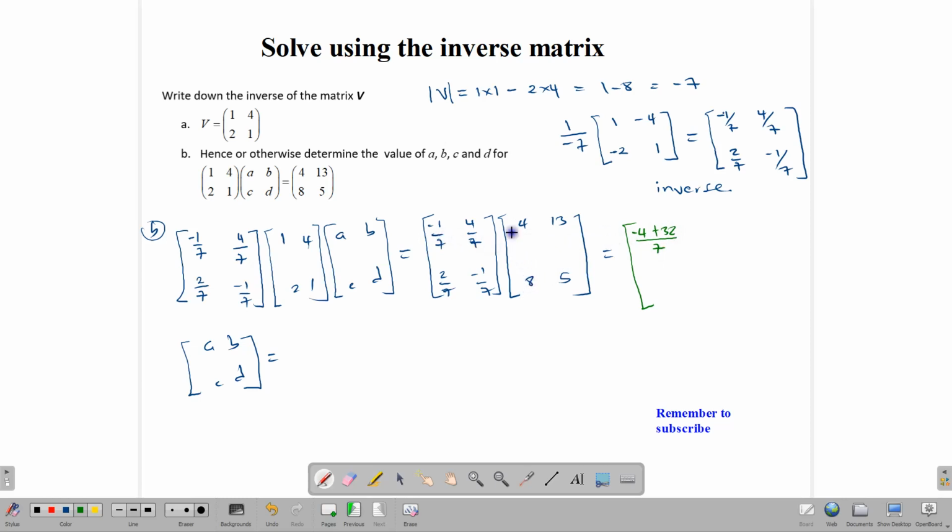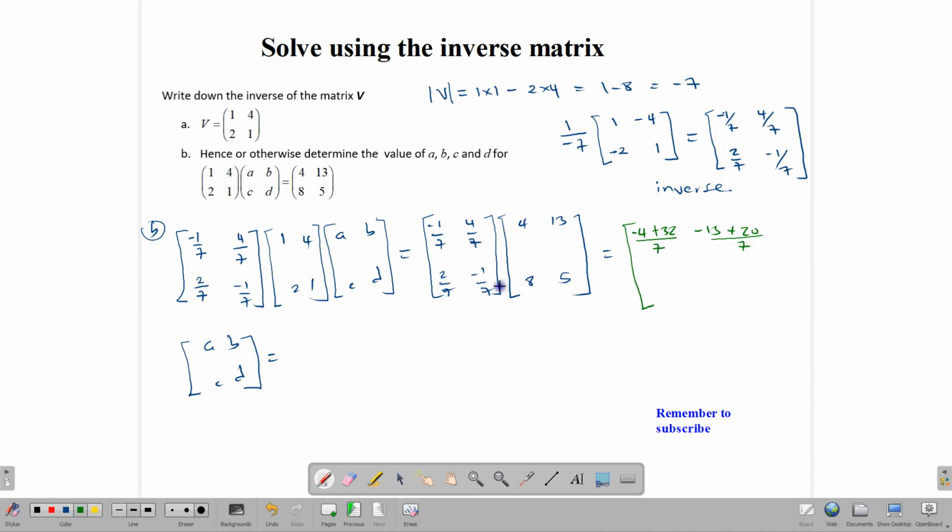Also, row by column here, negative 1 times 13 is negative 13, plus row by column, 4 times 5 is 20, over 7. So row by column, row by column.